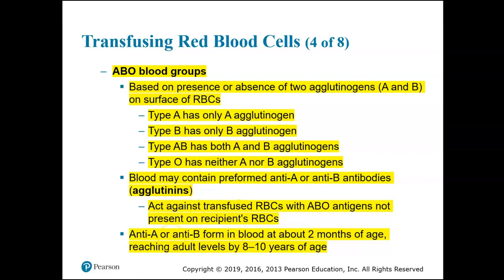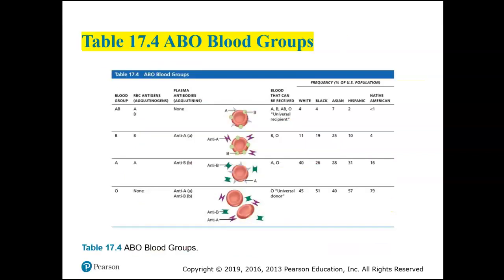Now, if you're type A, your blood plasma is going to produce B agglutinins, which is B antibodies. If you're type B, your blood plasma is going to contain A agglutinins or antibodies. And if you're type O, your plasma is going to contain A and B agglutinins.